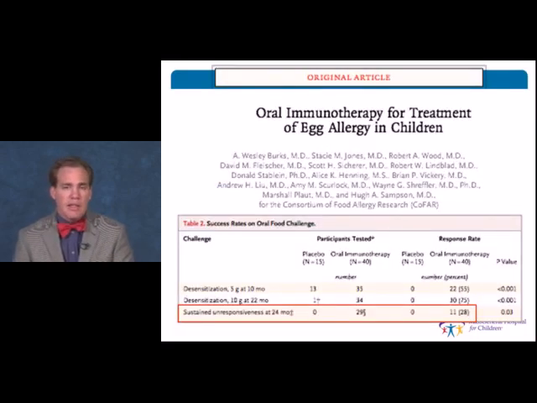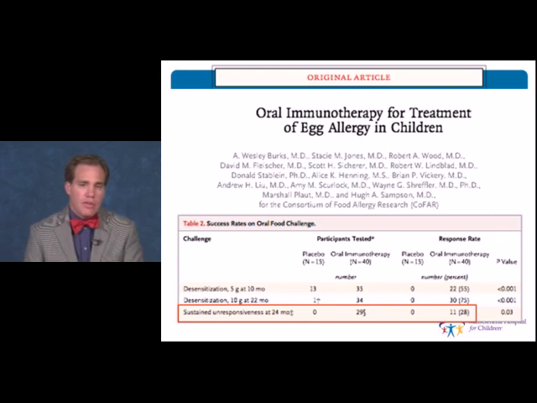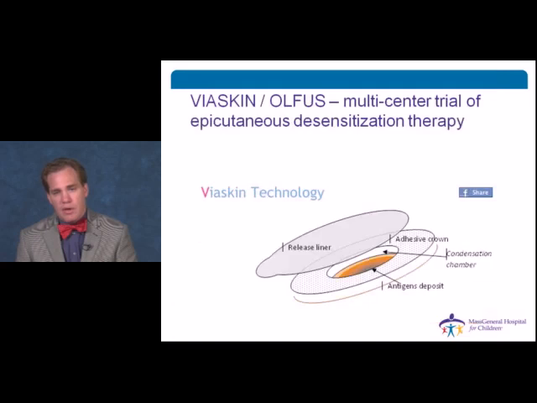And lastly, in a study conducted by the Consortium for Food Allergy Research and funded by the NIH, these authors attempted to look at that question of prolonged or persistent benefit after the cessation of therapy, and they found in the end that 28% of the treated individuals achieved a level of persistent protection from egg exposure, so less than a third.